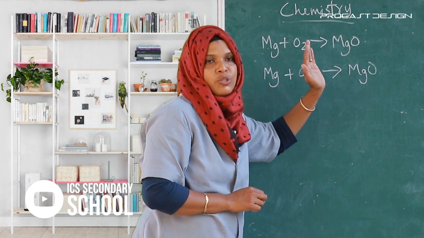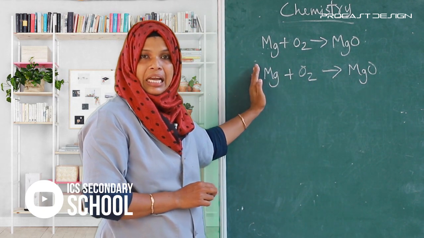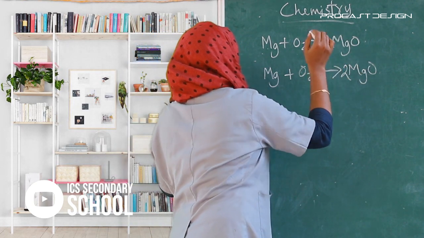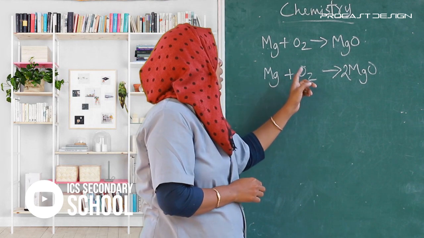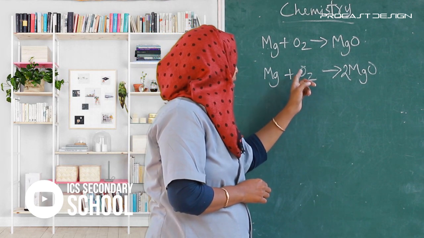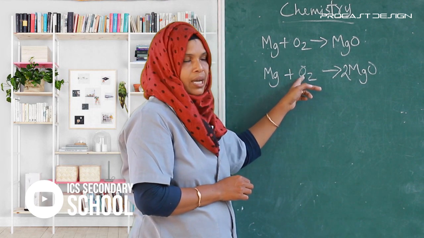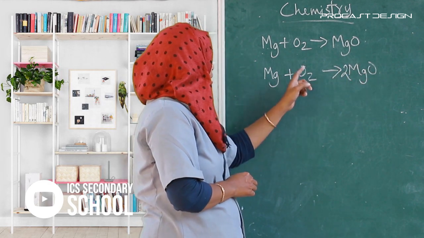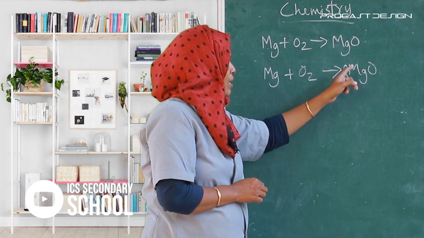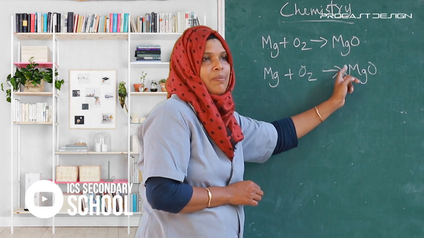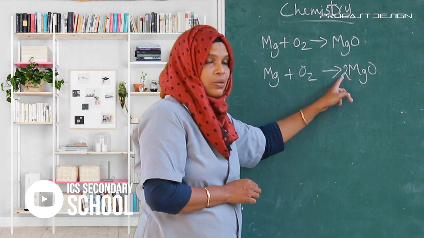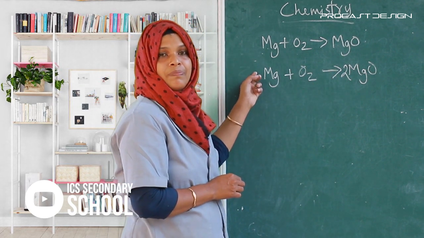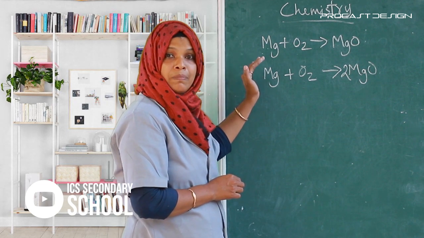The number of oxygen atoms should be equal on the reactant and product side. Then put 2 here. The number of oxygen atoms on the reactant side is 2 and on the product side also 2. And consider magnesium. Here on the product side the magnesium number changes to 2, so on the reactant side also magnesium will become 2.